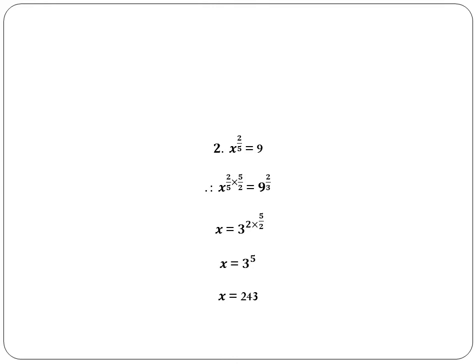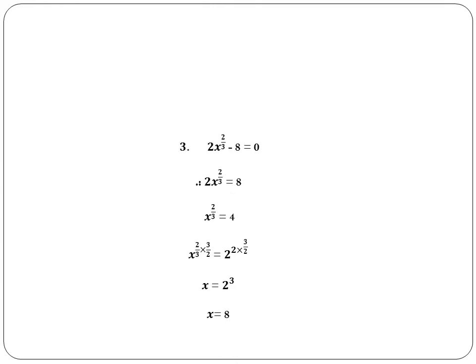So therefore we are going to have x is equal to 3 to the power 5. And 3 to the power 5 is 3 times 3 times 3 times 3 times 3, meaning 3 multiplying itself 5 times. And we are going to have 243.